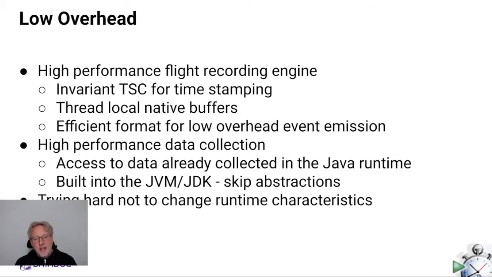So I mentioned that the overhead is very low with Flight Recorder, and there are a bunch of different tricks that are being used to keep it down. One is to use invariant TSC for timestamping, so the timestamp counter is in the CPU. It's also using thread local native buffers, as mentioned in the previous slide, to record the events into.